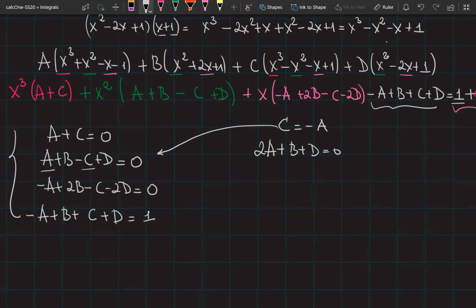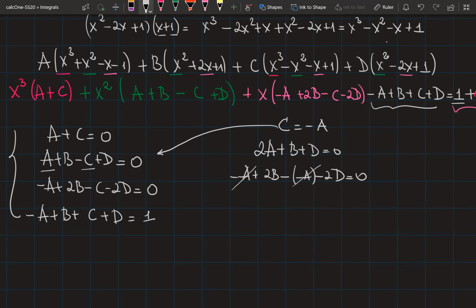I'm going to substitute this into the third equation as well. It's going to be minus a plus 2b minus, so instead of c, I'm going to put minus a, right? So minus 2d. This is equal to 0. Do you see that minus a is equal to plus a? So it's going to be cancelled with the minus a here.